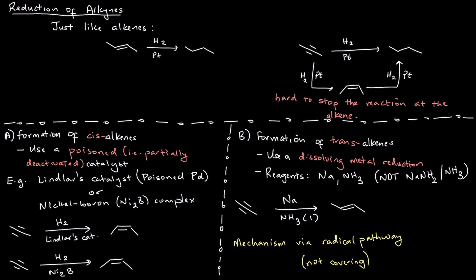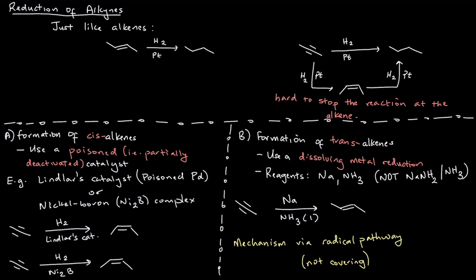The mechanism for this reaction goes through a radical pathway, which we are not covering within the scope of our course, so ignore that in your textbook chapter. But the important thing to note is that alkynes can be reduced all the way to an alkane by simply reacting them with hydrogen gas on a platinum catalyst.